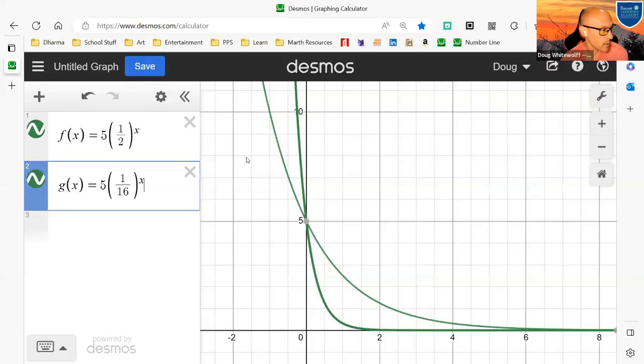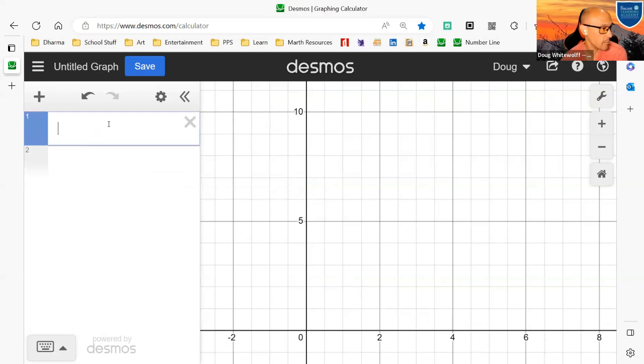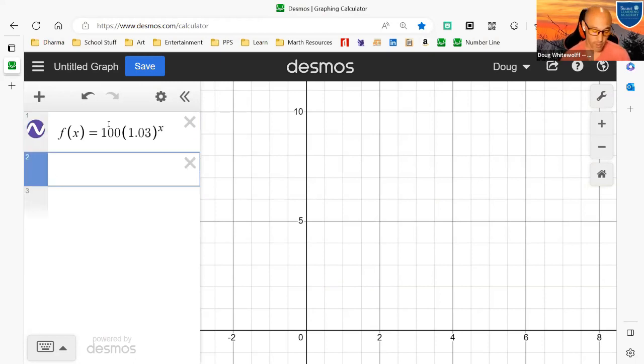So I'm going to go in here and make my function. F of x is equal to 100 times 1.03 to the x. And then if I want, I can just be real lazy and say f of 20.